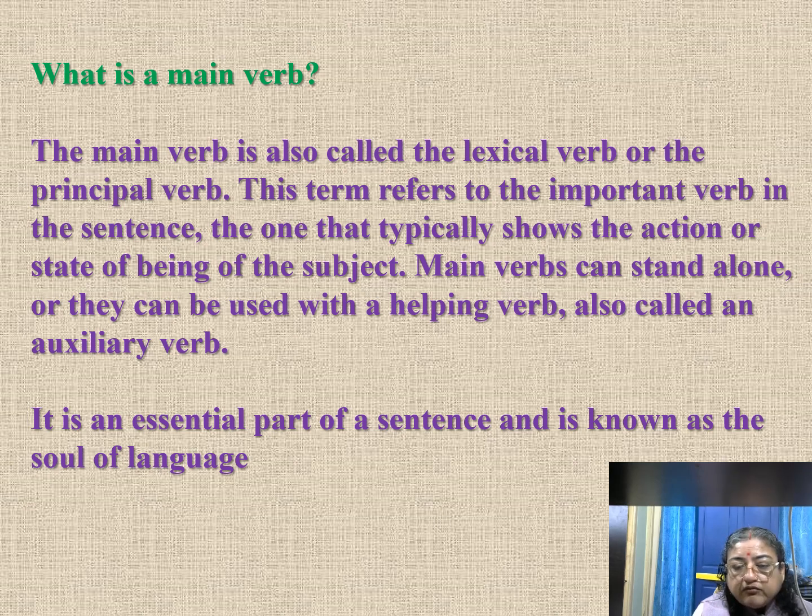But when the main verb needs help, then we call the helping verb an auxiliary verb. It is an essential part of a sentence and it is known as the soul of language also. Again, I am repeating here: mind that verb is the soul of language, and it is an important part of a sentence.